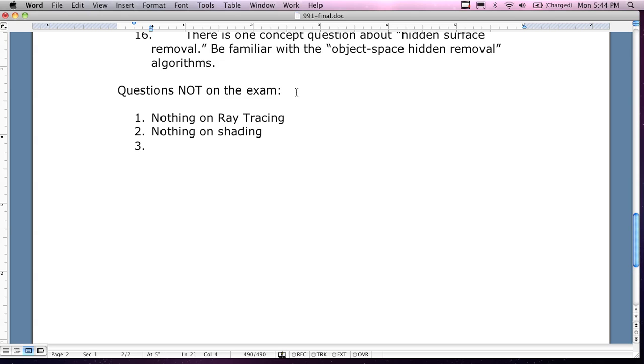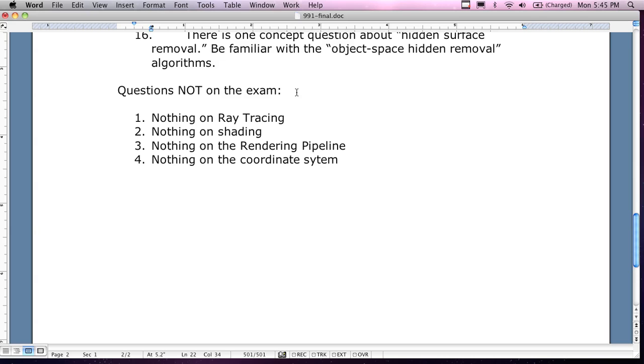Nothing on the rendering pipeline. That's a big no-no. Nothing huge on image transformations either. Nothing on world coordinate order. Nothing on the coordinate system.